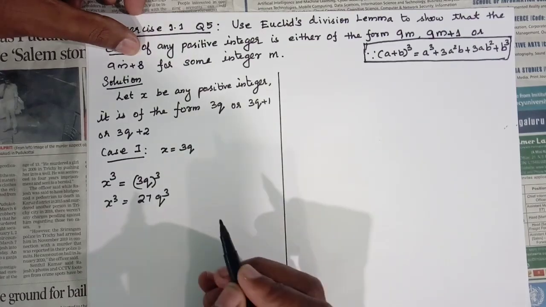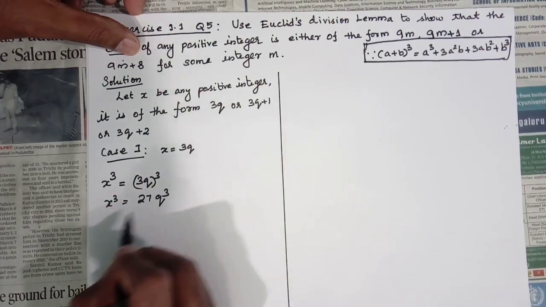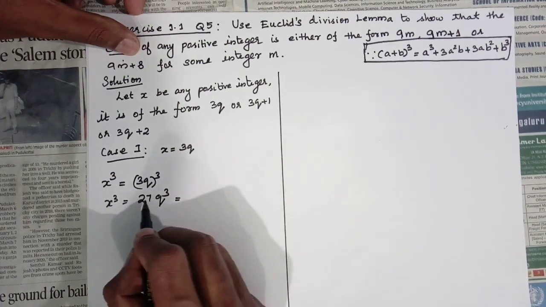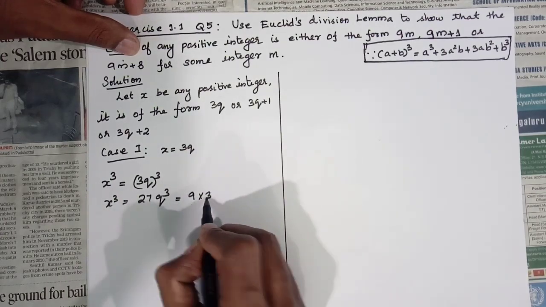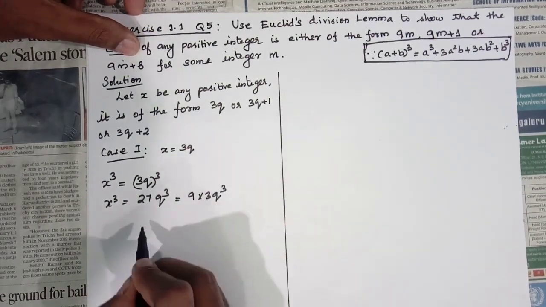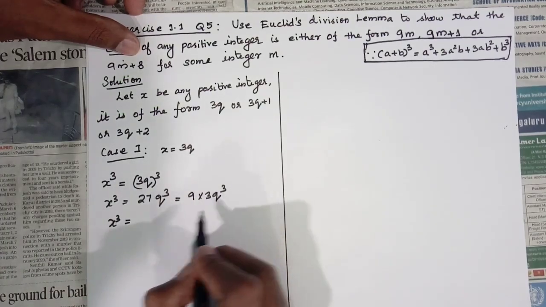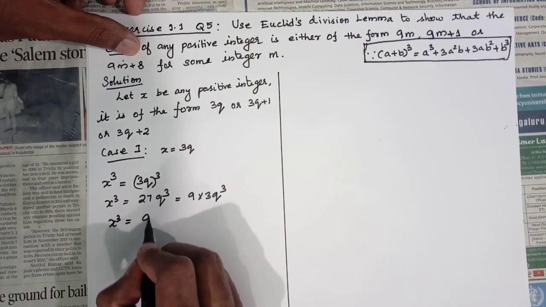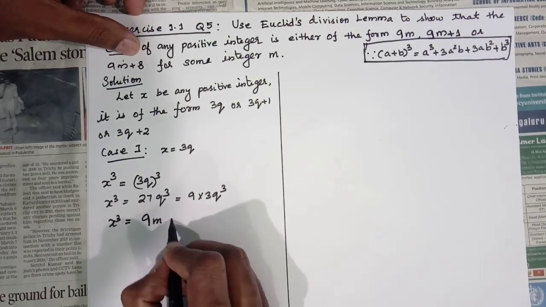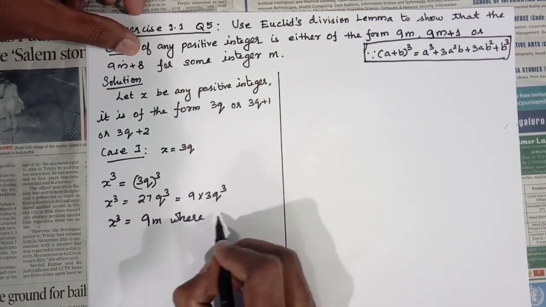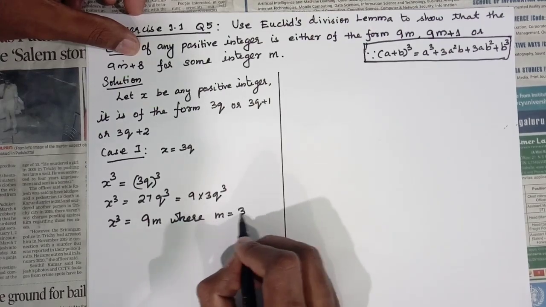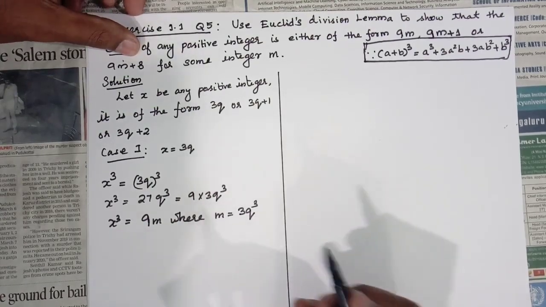From this we can split 27 as 9 into 3 cube. Instead of this number we can substitute m. So we get 9m, where m is equal to 3q cube.